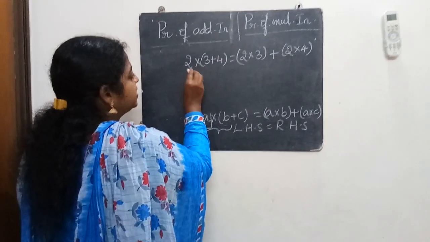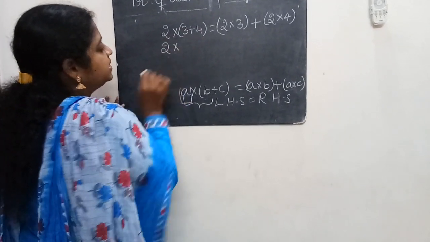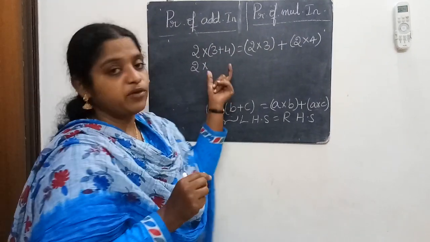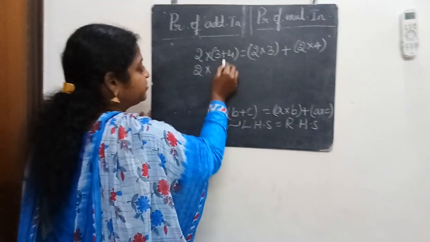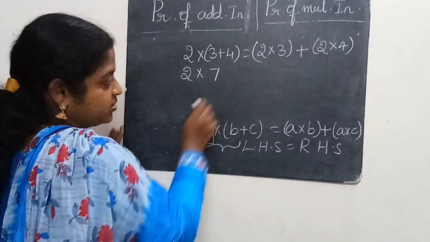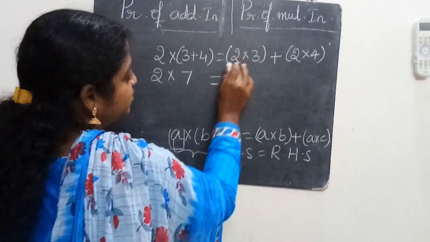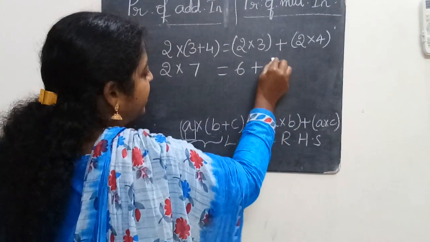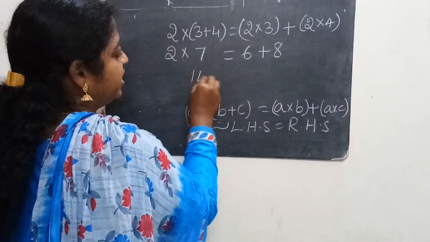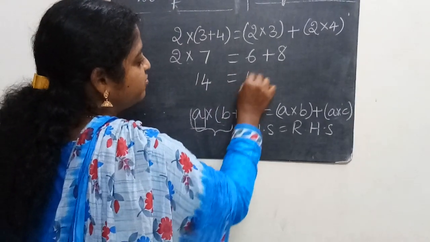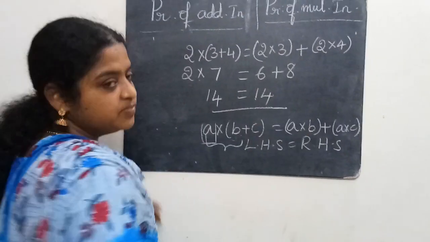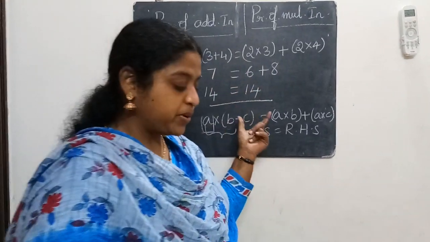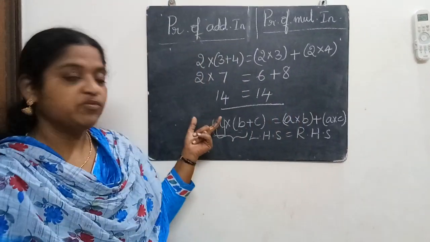Here 2 into (3 plus 4) is the LHS I am solving. First solve whatever is in the bracket. 3 plus 4 is 7. Remove the bracket because it is a single number. 2 7s are 14. On the right side, 2 3s are 6, plus 2 4s are 8. 6 plus 8 is also 14. Is there any change, children? So this is the distributive property of multiplication over addition.